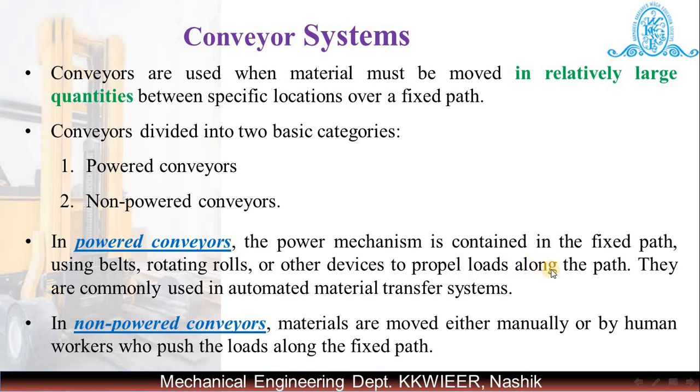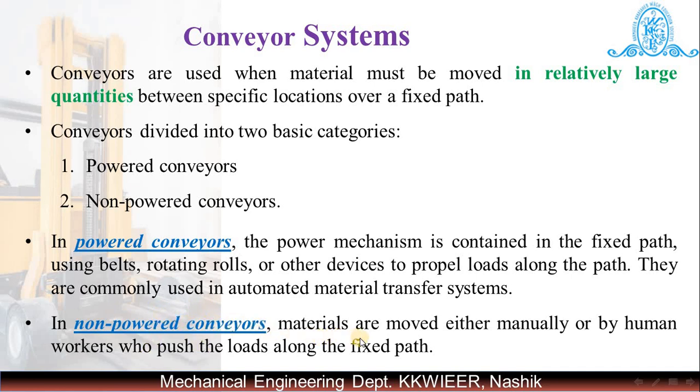To propel the loads along a given specific path, these are the automated material transfer systems, the powered type of conveyor systems. Then non-powered type is our second category.